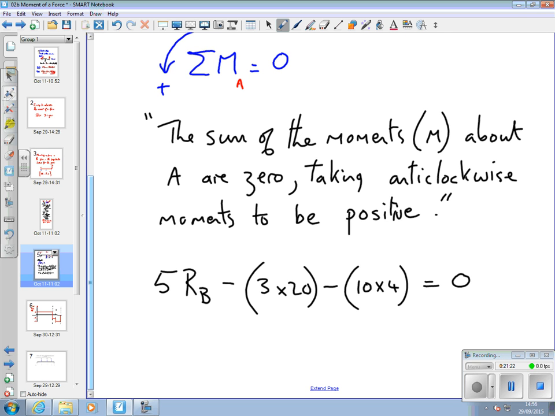The sum of the moments about A equals 0, taking anticlockwise as positive and clockwise as negative.